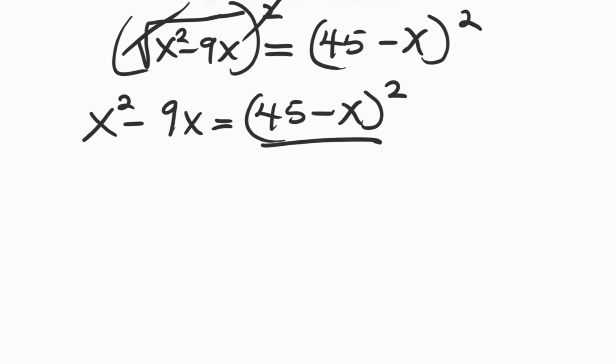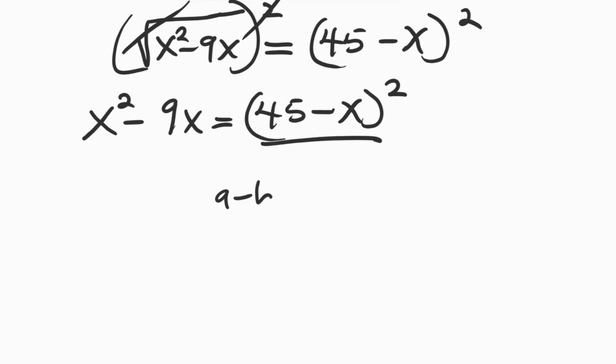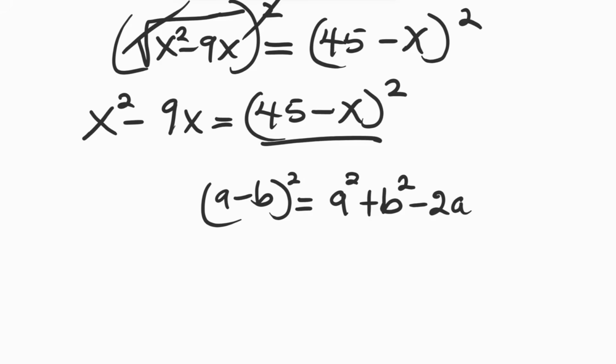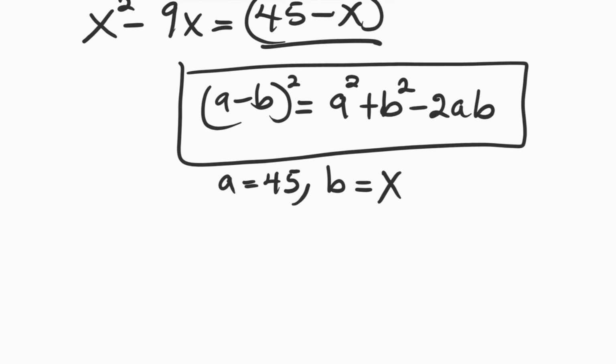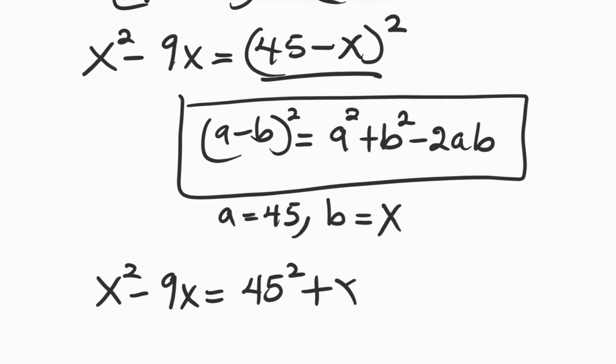Now the right hand side is in the form of a minus b squared, which is equal to a squared plus b squared minus 2ab, where our a is 45 and our b is equal to x. So now we have x squared minus 9x equals 45 squared plus x squared minus 2 times 45 times x.